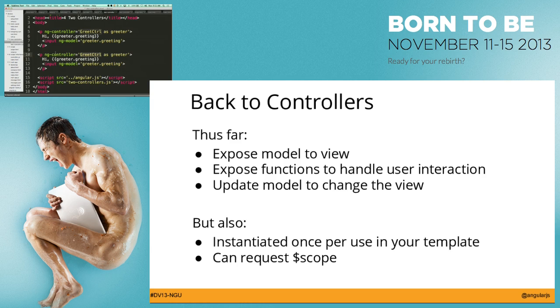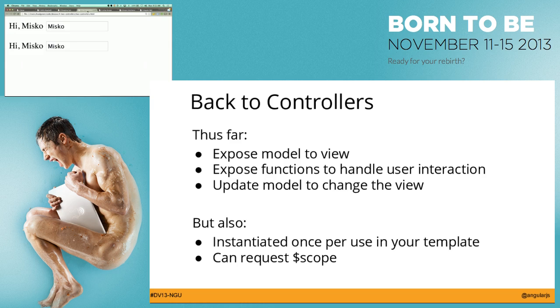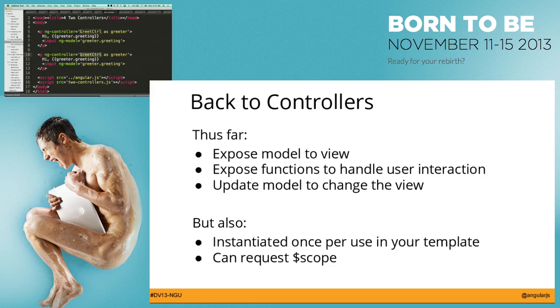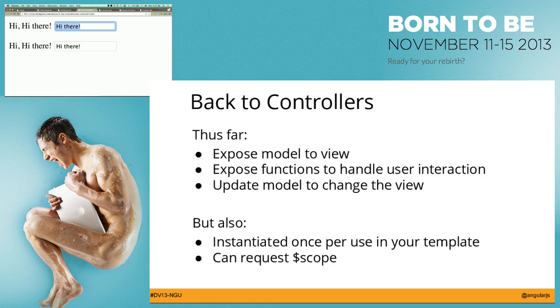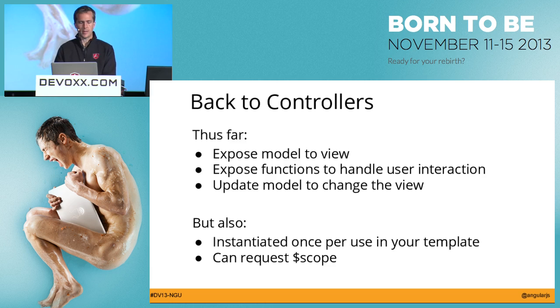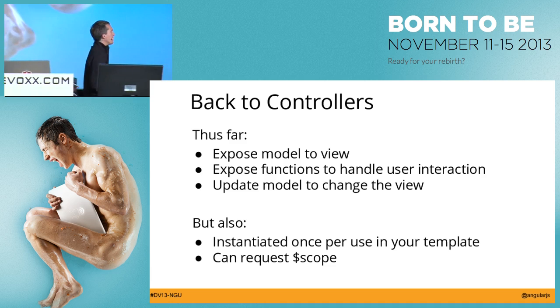It's instantiated once per use. So if we use it here, notice at the beginning, they both say hi there because they both have the same initial state that was set up here. But if I modify this one, it doesn't update the other one. They're separate copies.